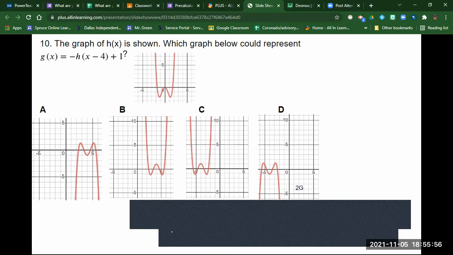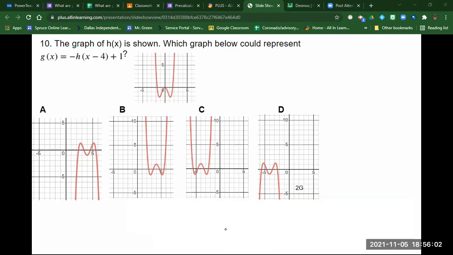Okay, so first thing you want to look at is right there. We got a reflection across the y-axis. Notice it's not on the x. It's going to flip over. Did I say y? X-axis. So it's going to flip over the x-axis. So I'm looking for this thing turned upside down. So that means I'm going to get rid of this one and that one.